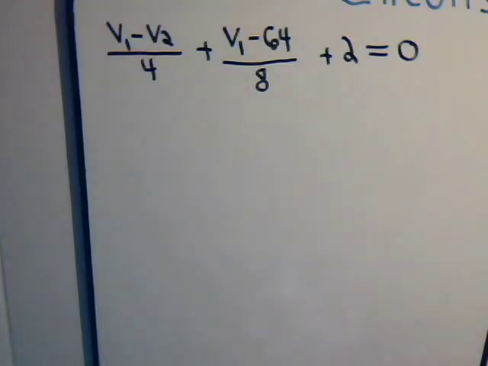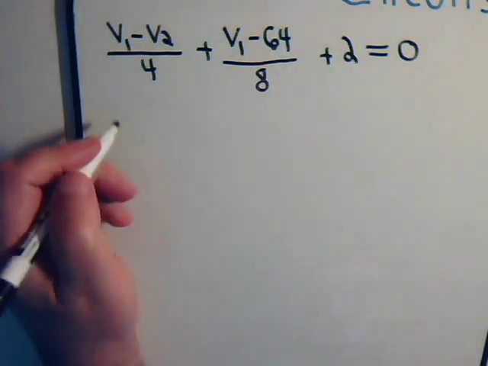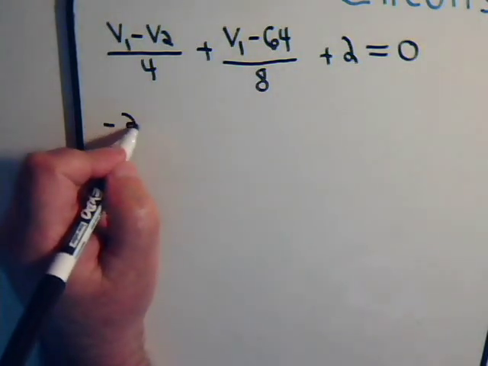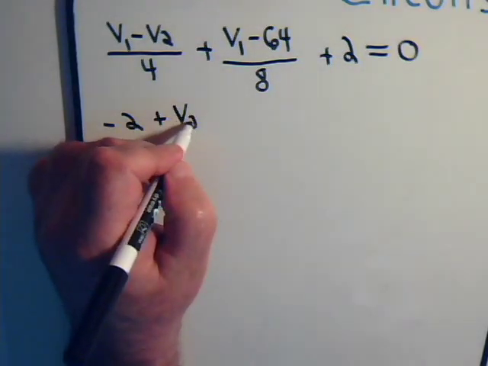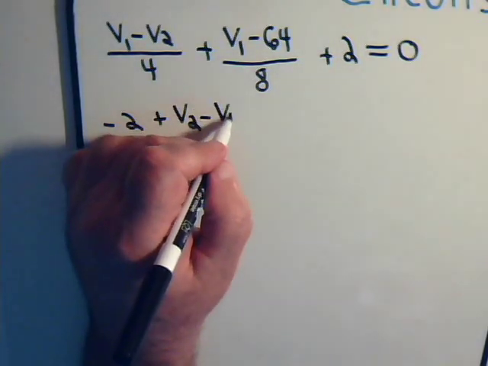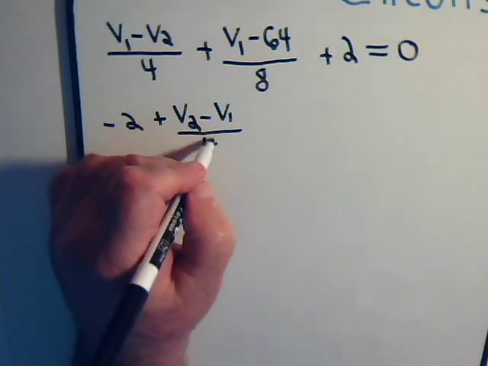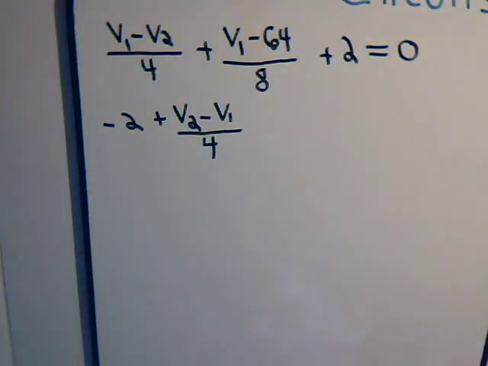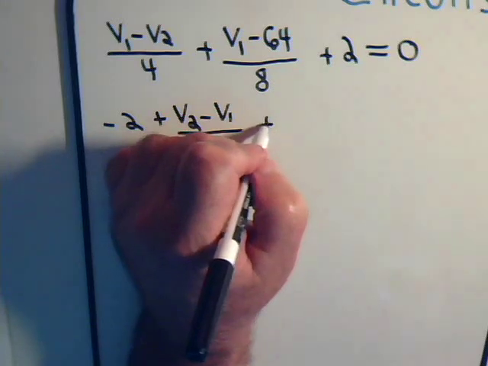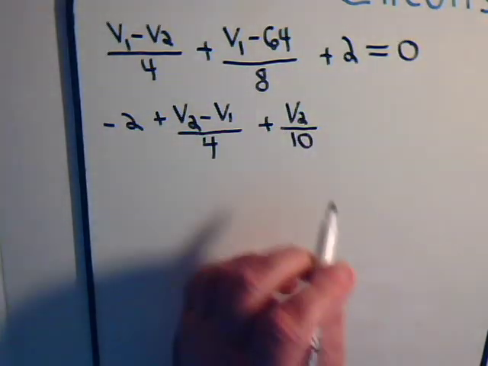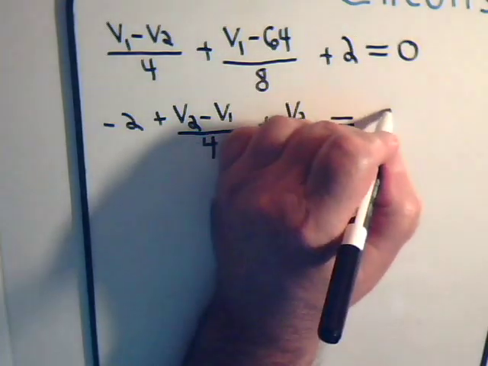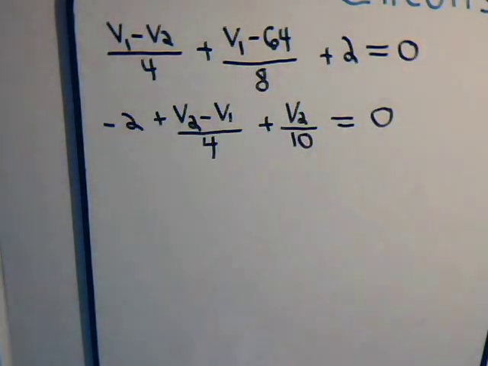That was from the first node, and then from the second node we had minus 2 plus V2 minus V1 divided by 4 plus V2 divided by 10 equals 0.